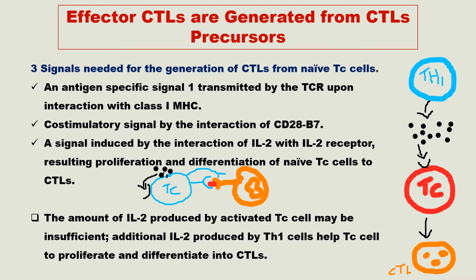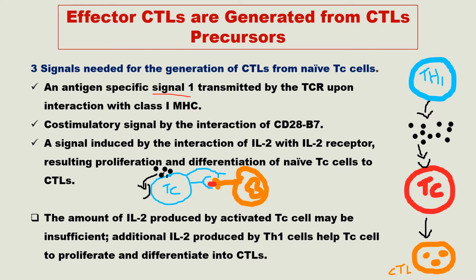First, an antigen-specific signal 1 is transmitted by the T cell receptor upon interaction with class 1 MHC. So signal 1 is the interaction of the T cell receptor with MHC1 presented antigen, and also the binding of the CD8 plus co-receptor with MHC1.